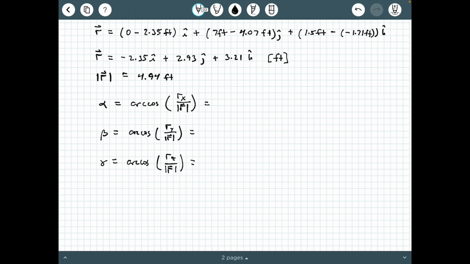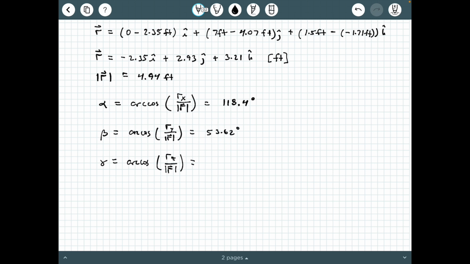Don't forget that negative 2.35 over 4.94. So I get 118.4 degrees for alpha. And then I got arc cosine of 2.93 over 4.94. That comes out to be 53.62 degrees.